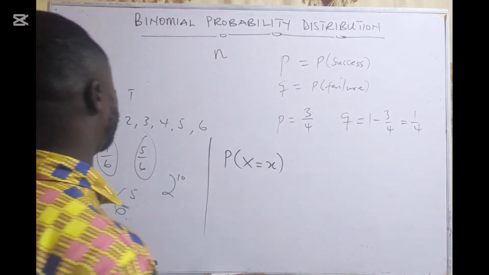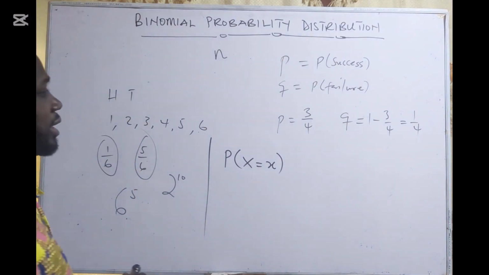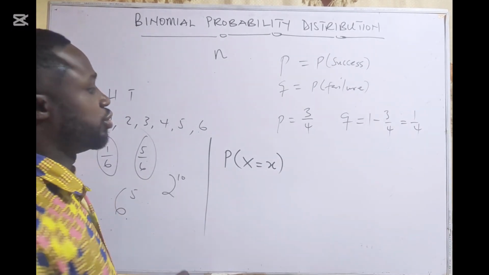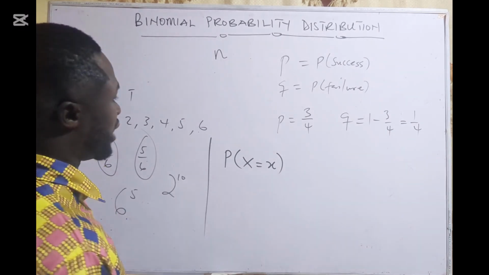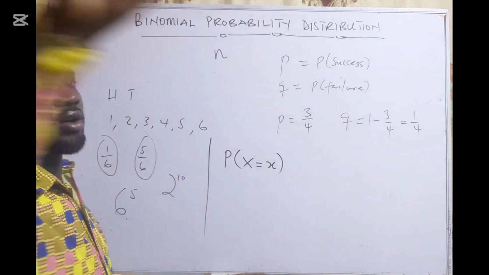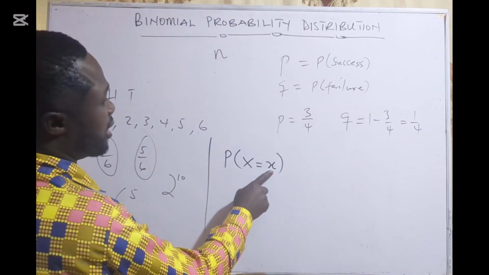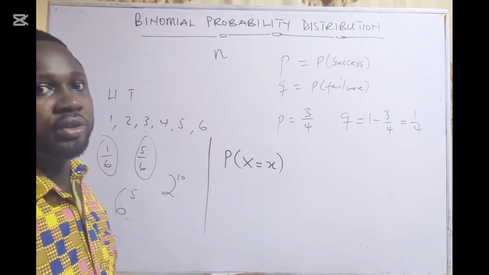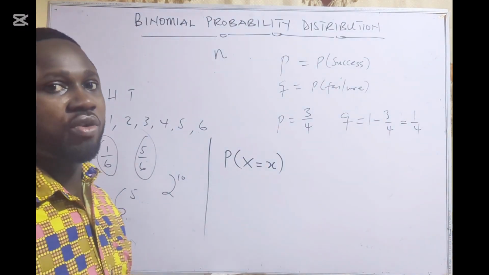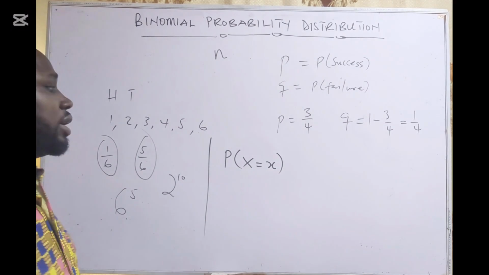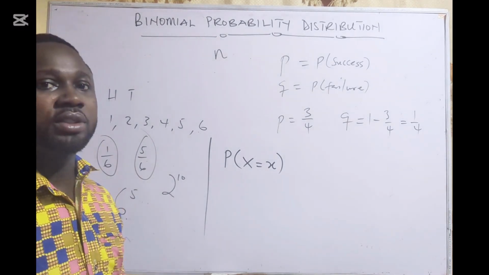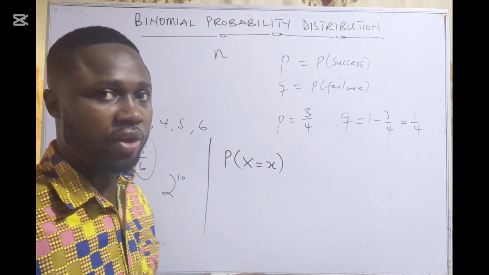So let's say, for instance, I'm solving a question on a die, and the question asks me to find the probability that the die will show exactly 2 fours. Then what is the probability that in all the outcomes I will see exactly 2 fours? That is the x here, showing the number of outcomes out of all the possible outcomes. So the x here is telling us the number of outcomes out of all the possible outcomes.